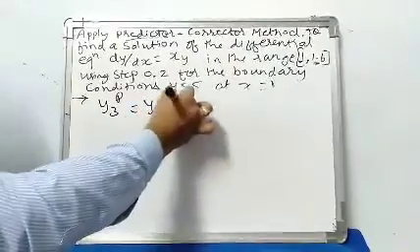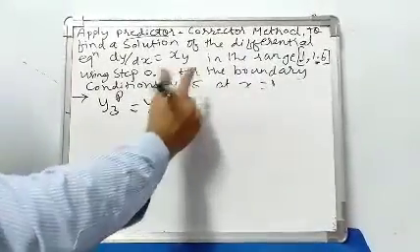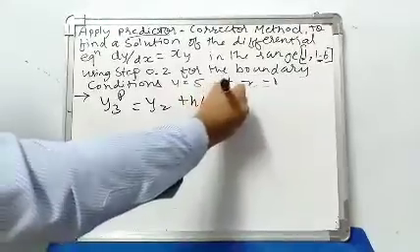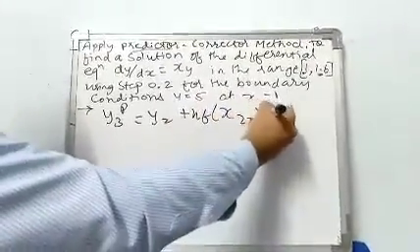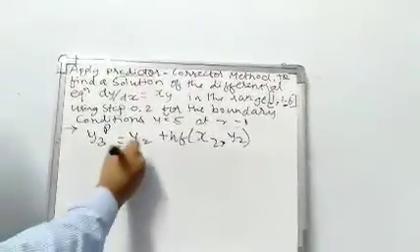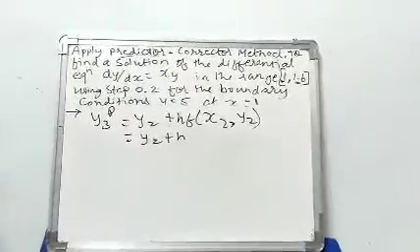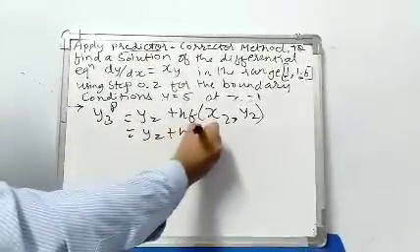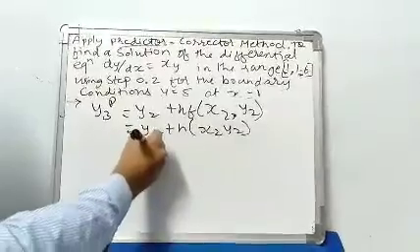The predictor formula will be y3p equals y2 plus h f of x2 comma y2, which is y2 plus h into x2 y2.